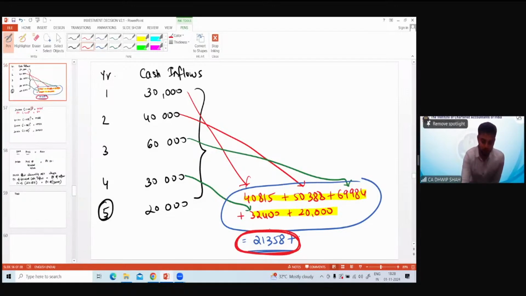Why? Because I have brought all the cash inflows of each year to the terminal point. So now my task is just to discount this one stream of cash inflow.